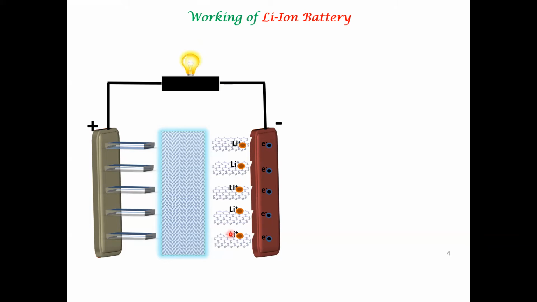Okay, so that is the most common geometry that you use for a lithium-ion battery. So lithium-ion is intercalated into the graphite anode. And the cathode is made up of many different kinds of transition metal oxides. In this case, we are going to consider lithium cobalt oxide.